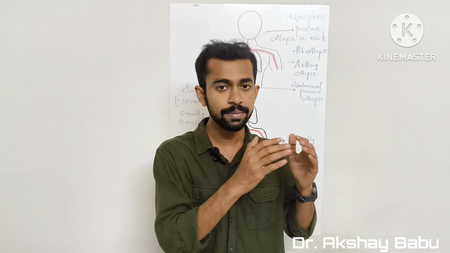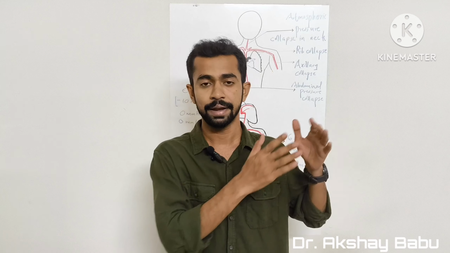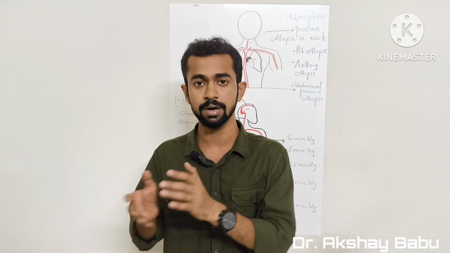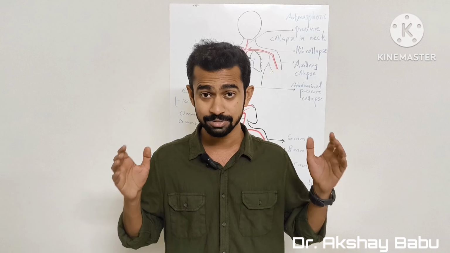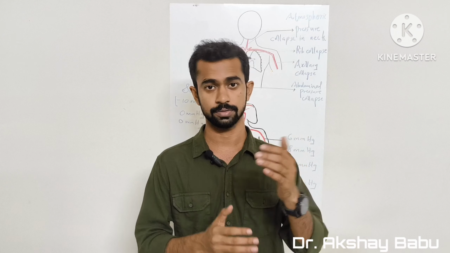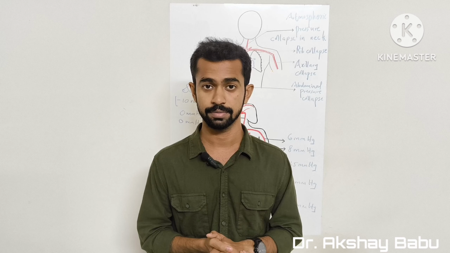The lower limit of right atrial pressure is almost from -5 mmHg up to -3 mmHg. And this range is just below atmospheric pressure, that is almost 0 mmHg.